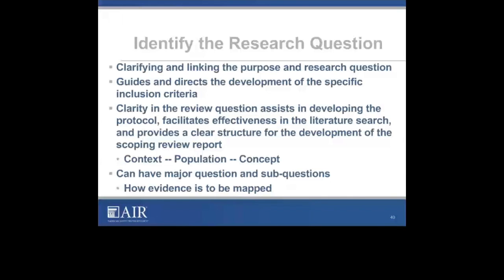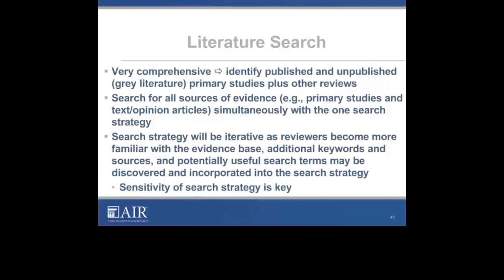Like in that previous example, there was acupuncture. You could ask for traditional Chinese medicine or other alternative forms or regular forms of pain management techniques. So keeping it vague and comprehensive while still having some guidance in terms of context, population, and concept is the key to having a proper question for a scoping review.